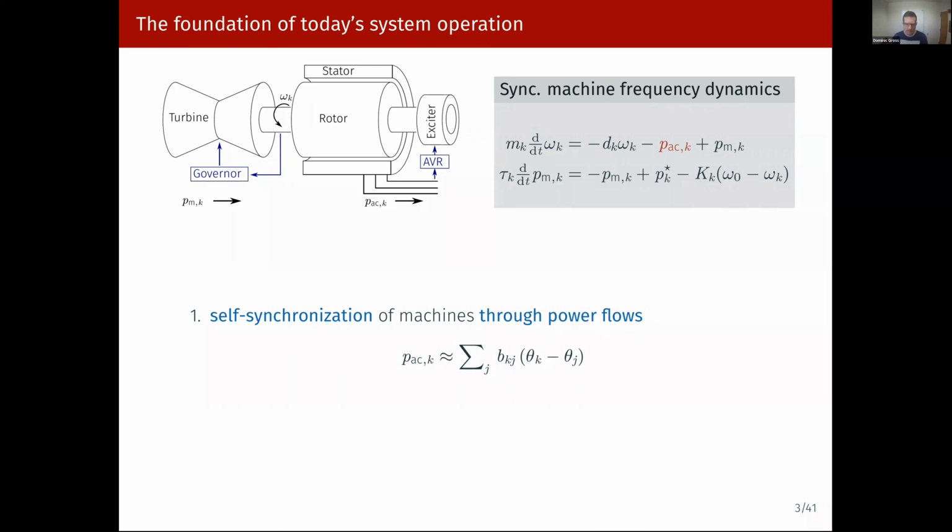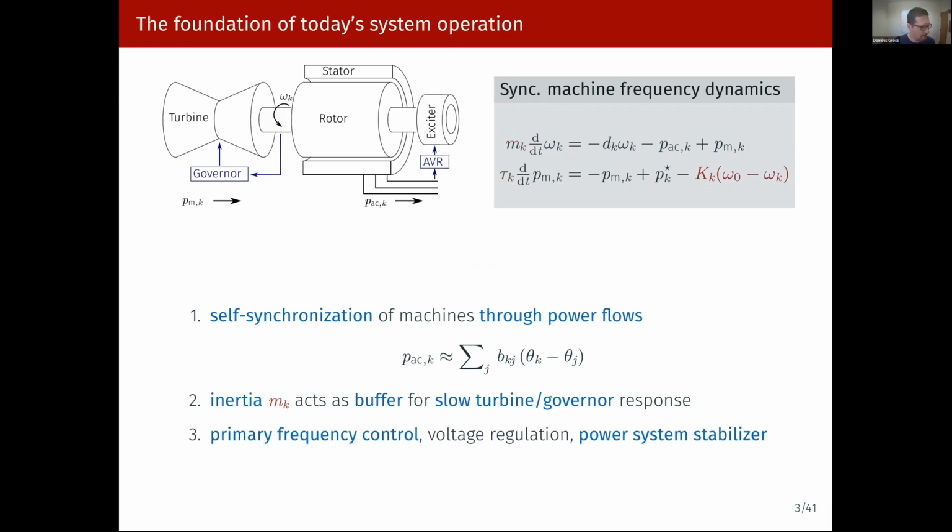Then the inertia basically acts as a buffer for the slow turbine governor response. So while the turbine is ramping up or down, the rotating mass here acts as a kinetic energy buffer that is just basically smoothing out any fluctuations in the system. And then on top of this, as I mentioned, we have the primary frequency control.